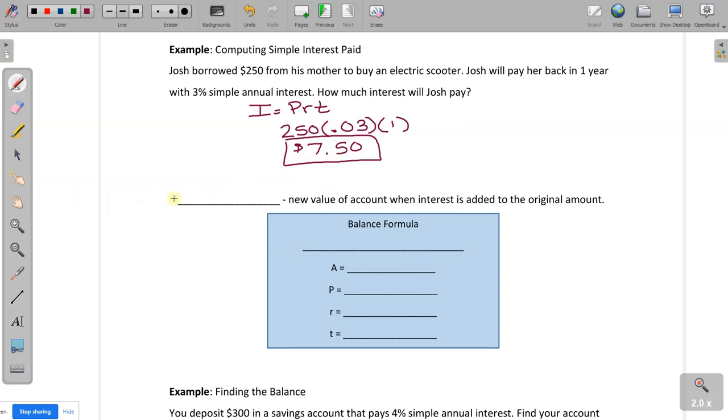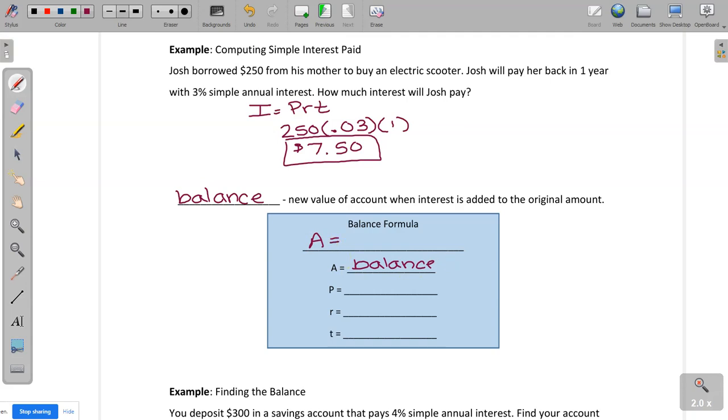Now we're going to look at a balance. This is the new value of an account when interest is added to the original amount. So we're going to alter our formula just a little. So A is going to be our balance. That's either going to be how much we owe in total or get back in total.